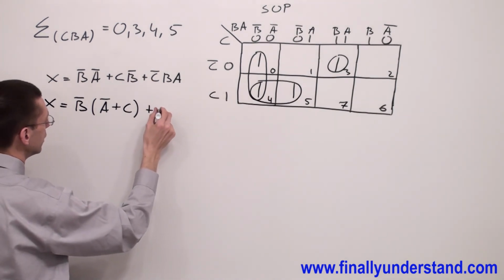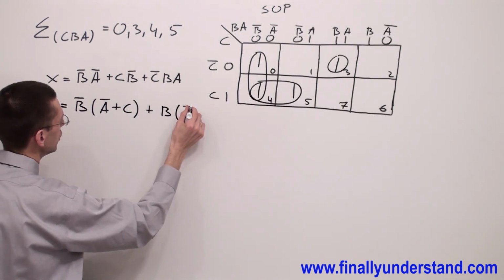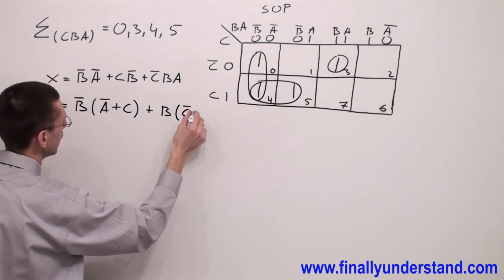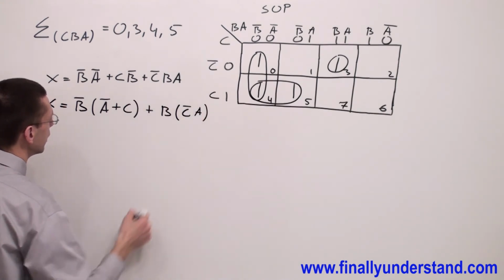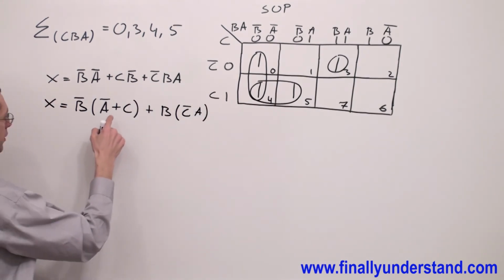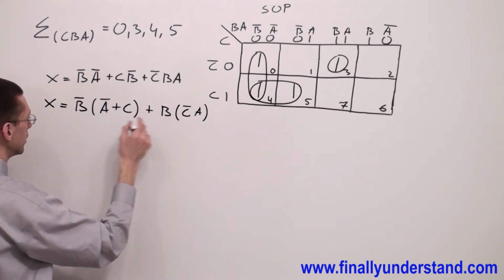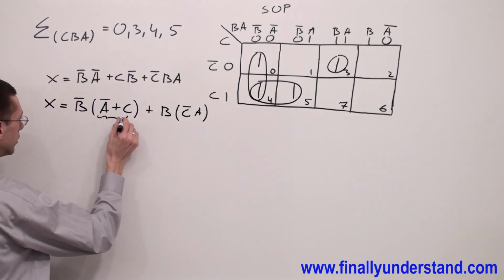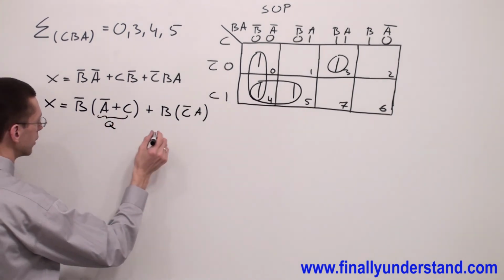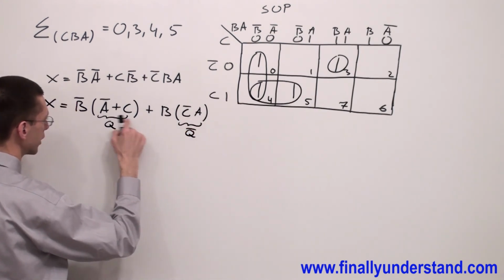I'm going to write B over here and C naught and A. Please notice that these two terms are complements. I'm going to call this term Q, and this one I'm going to call Q naught because they are complements.